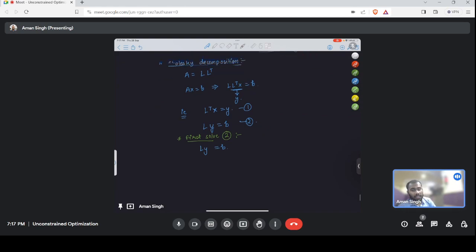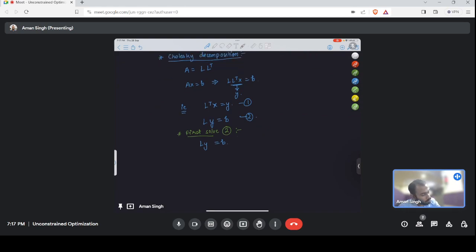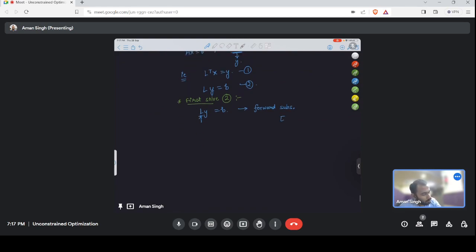This is easier to solve because L is a lower triangular matrix, so we can use a method called forward substitution to find y. Let's see what forward substitution is with a simpler example.